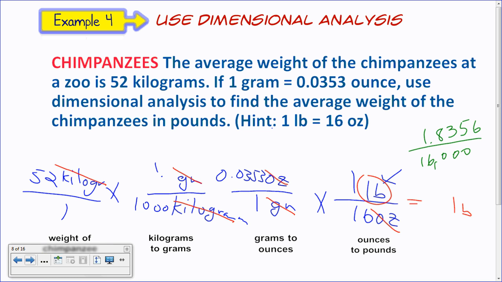That's 1.8356 divided by 16,000. How much? 0.000114725. So that's how much a chimpanzee weighs? In pounds.